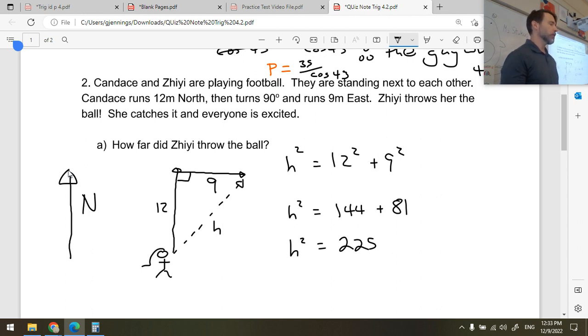Oh, wow. Person ran 12 meters and then 9 meters, and then a throw of 225 meters somehow reached this person. Yeah, mathematically what I forgot to do is I forgot to square root it. But the reason why I'm slowing down here to say check your answer is because you start by visualizing the situation.